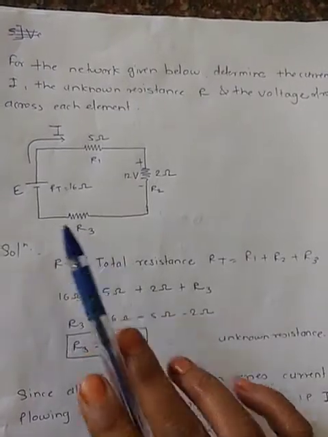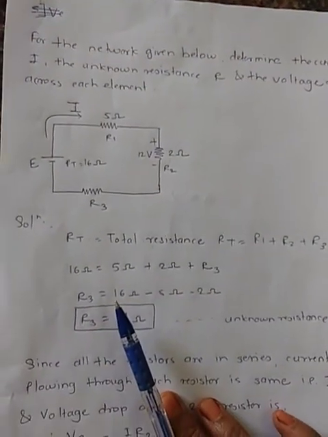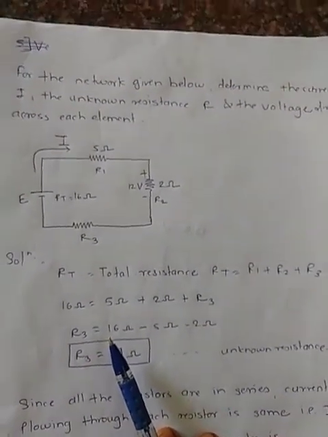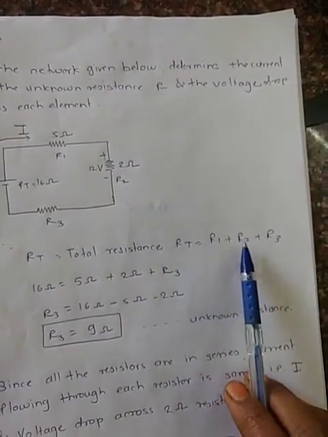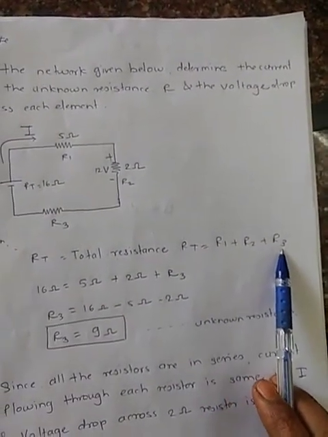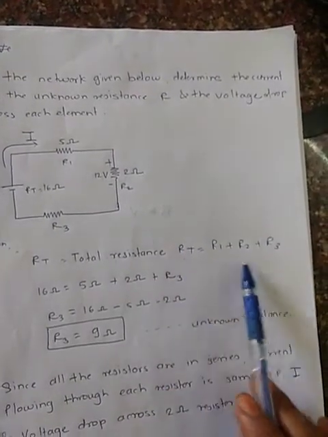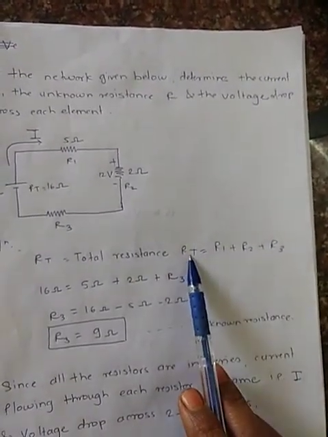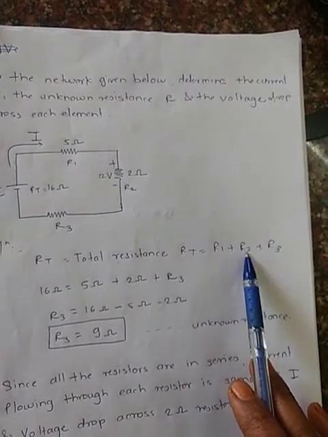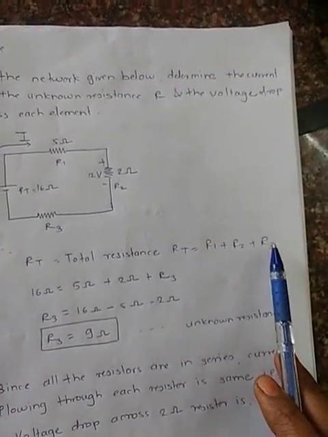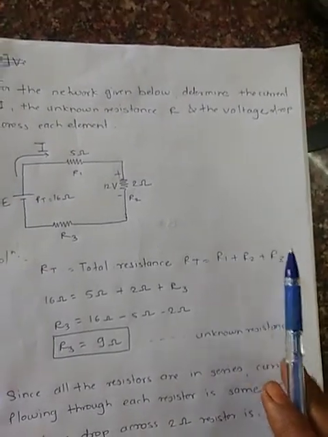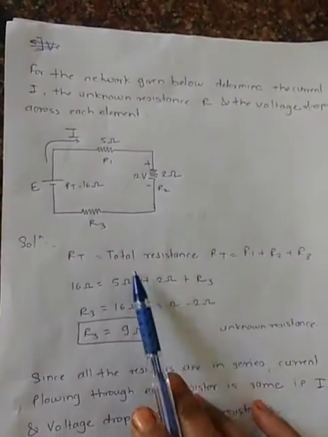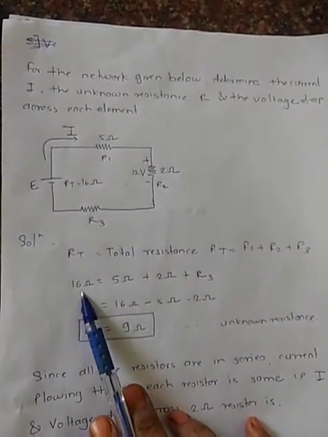RT here is the series resistance, the total resistance. It is given by the formula RT is equal to R1 plus R2 plus R3. In this formula we know the values of RT, R1 and R2. The unknown is R3, and we have to find out this R3. If we put the values from here, we will get the equation.